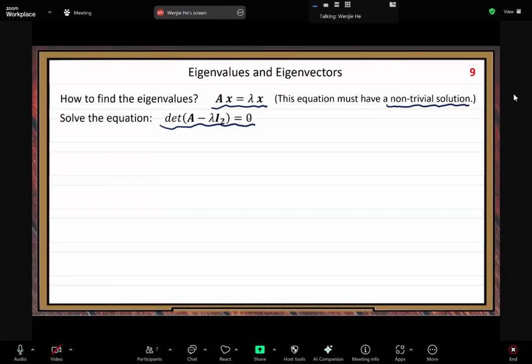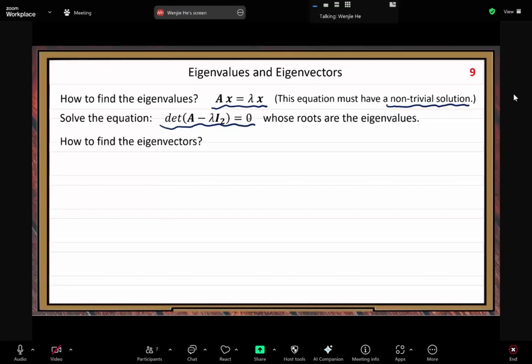That's what we learned last time. So it's an equation with lambda unknown, but we can solve this equation for lambda values. We just did it. We find two roots, the eigenvalues. Next question: how to find the eigenvectors?